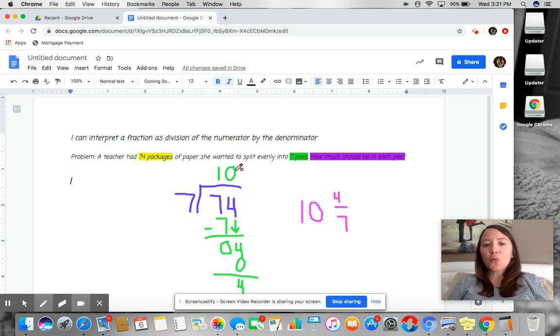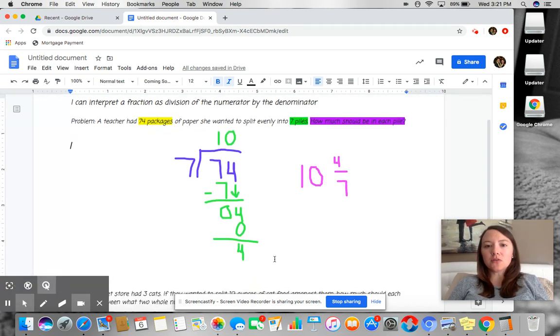So again, we noticed that my total was 74. When I divided, my answer was smaller than what I started with, so that's why I'm left with 10 and 4/7. I wanted to go over one more problem that you guys had yesterday.